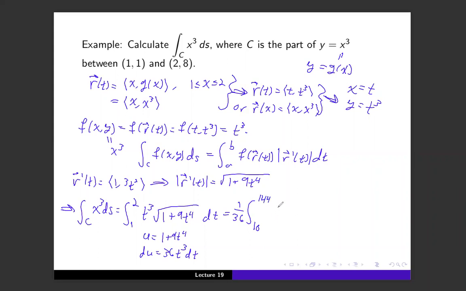I think I've done this correctly. Inside of the integral we're just going to get the square root of u du.